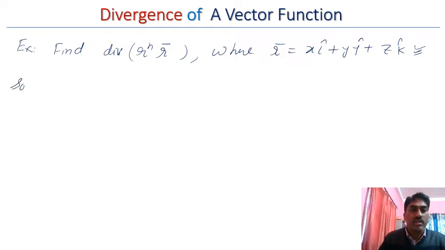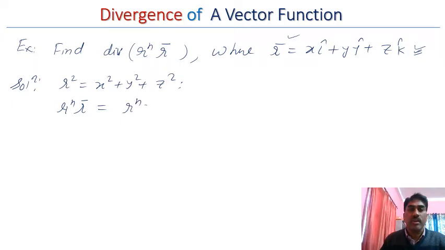So now let us find the divergence of this. In the previous question we saw that r squared is equal to x squared plus y squared plus z squared. So what is r^n r? It is r^n x i plus r^n y j plus r^n z k, and we need to find its divergence.